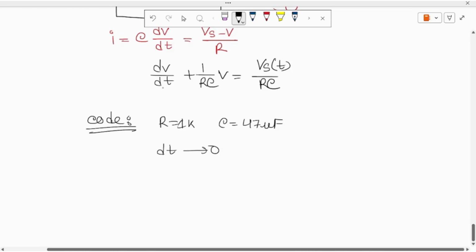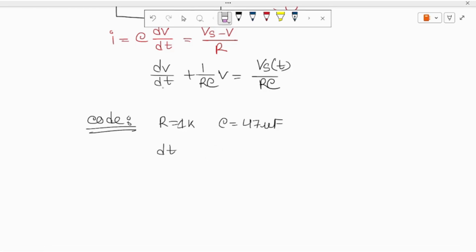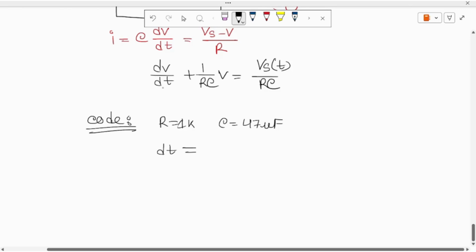Infinitesimally small, but in my code I need to take a small number. Let's say what will be the small number. RC is equal to 47 into 10 to the power minus 3. It's a small number, so I want to take dt is equal to RC divided by 1000. Okay, so it's a small number.